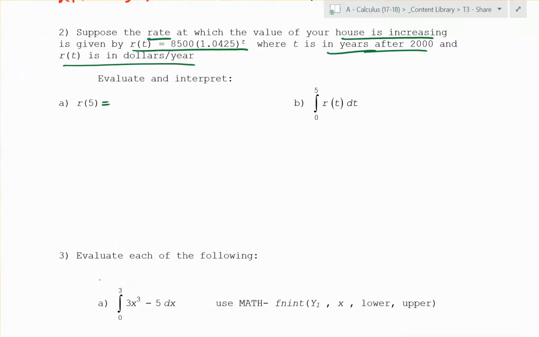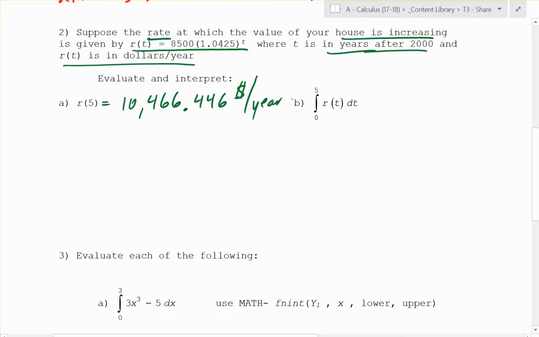We end up with 10,466.446, and you know I like 3 decimal places. And that's going to be dollars per year. That's the rate here, meaning the value of the house is increasing at a rate of $10,466 per year.